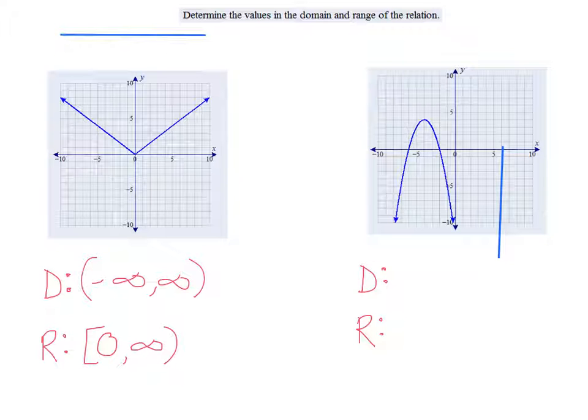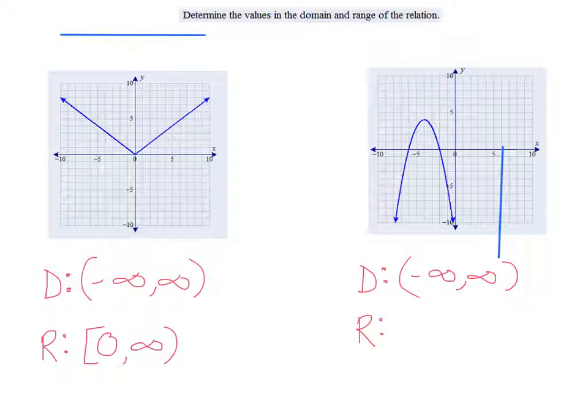So my domain is negative infinity to infinity. A lot of people like to put these two points as the domain, but there is nothing special about those two points. That isn't where the graph stops. It keeps getting wider and wider, so don't pay attention to where it happens to cross there. Those are not numbers that you're concerned with.